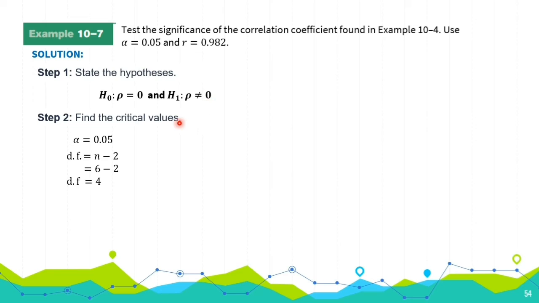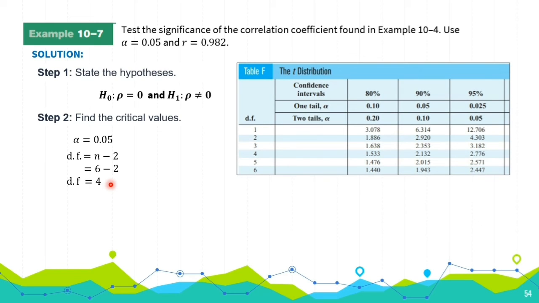So step 2, find the critical values. Our alpha is equal to 0.05 and our degrees of freedom, or df, is equal to n minus 2. Our n is 6, so 6 minus 2, our degrees of freedom is equal to 4. Using Table F, first we have our df which is 4 and our alpha in a two-tailed test is 0.05, and their intersection is equal to 2.776.